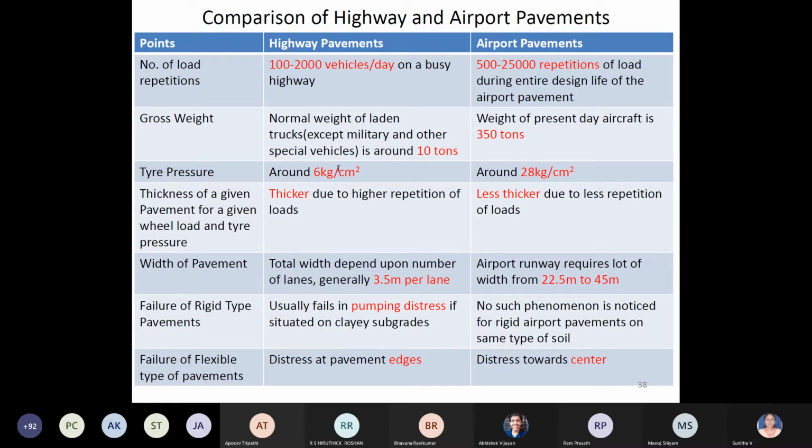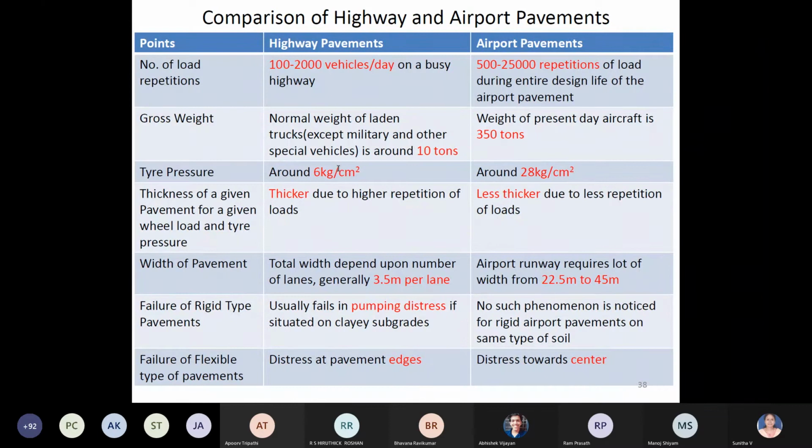But if you consider the gross weight of the vehicle, the normal weight of a truck is around 10 or 15 tons, your small trucks and all, with some exceptions for military and other special or multi-wheel vehicles. But for airport loads, the weight will be more than 350 tons.